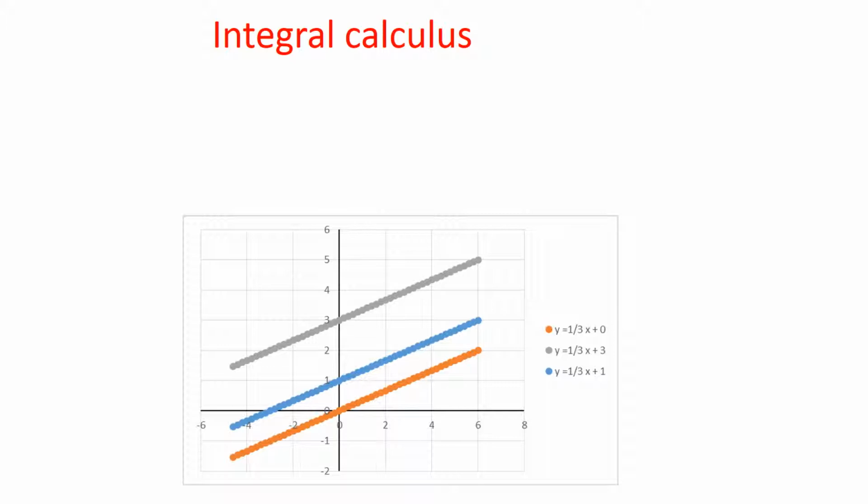The problem is that if I put a constant after that, any number, could be 17,938, and I differentiate that, the constant disappears.